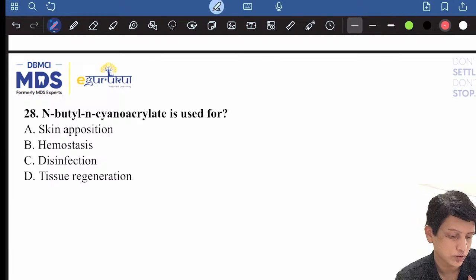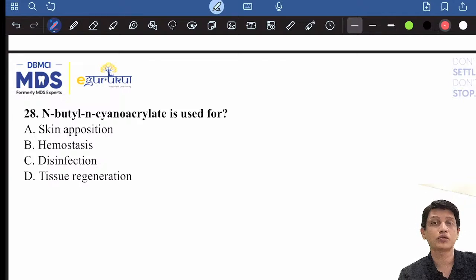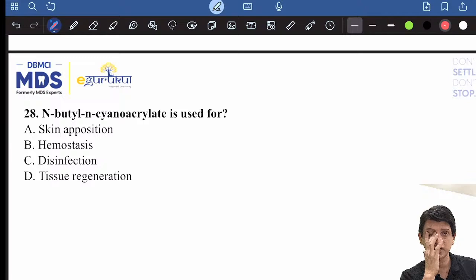Okay, so N-butyl cyanoacrylate, I have used this when I was talking about the instruments or different sutures. I have mentioned about this. There are recent advances. Other than suturing, you can do something else.